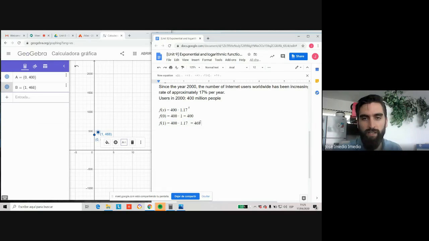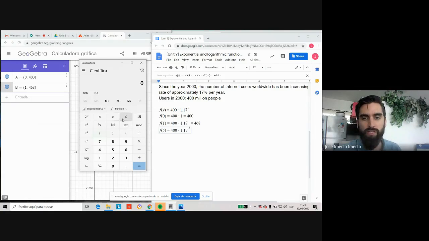Okay. Let's take another value here. This is going to be f of 5. Very simple. 400 times 1.17 raised to the fifth power. So in this case, we have 1.17 raised to the fifth power, and that value I'm going to multiply directly by 400 instead of copying everything.